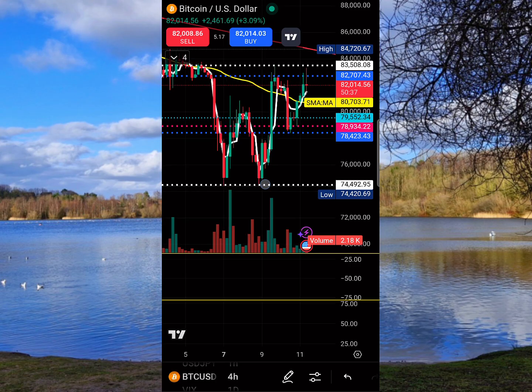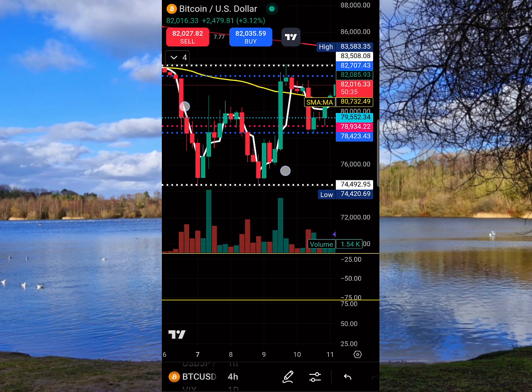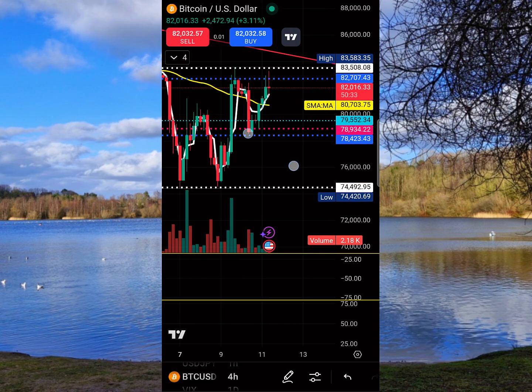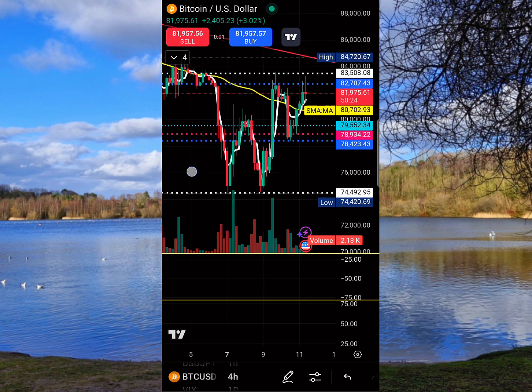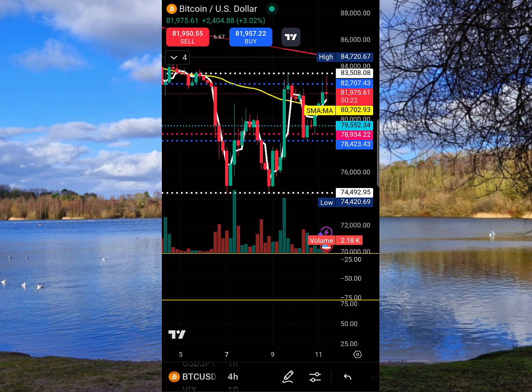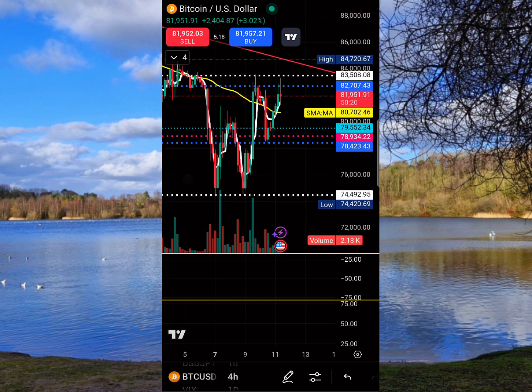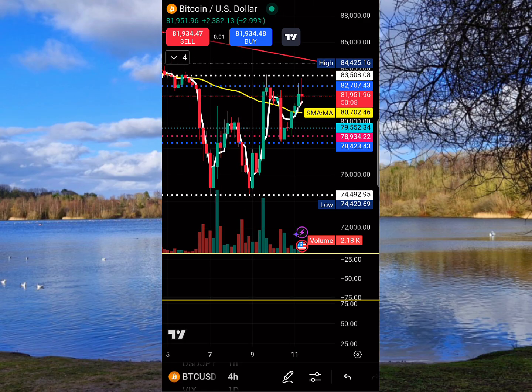So you could say there is a cup and handle forming, but it's really all dependent on the news. It's kind of news driven at the moment, the way Bitcoin's moving. On this 4 hour, if you follow the box theory, the outer white box shows you the range of how high it can go within a day for the previous day before.